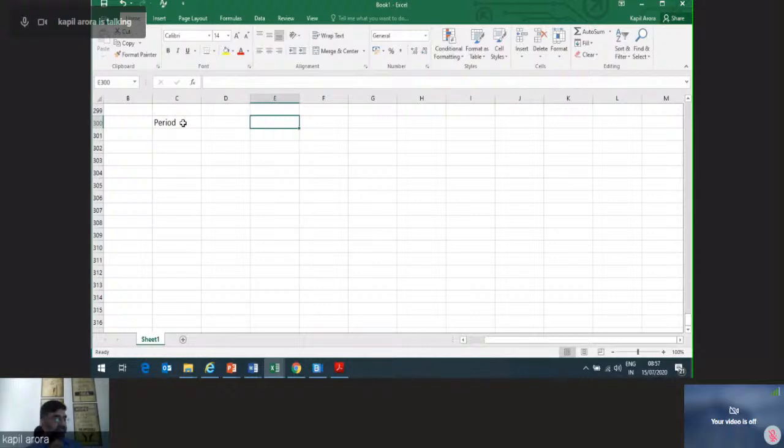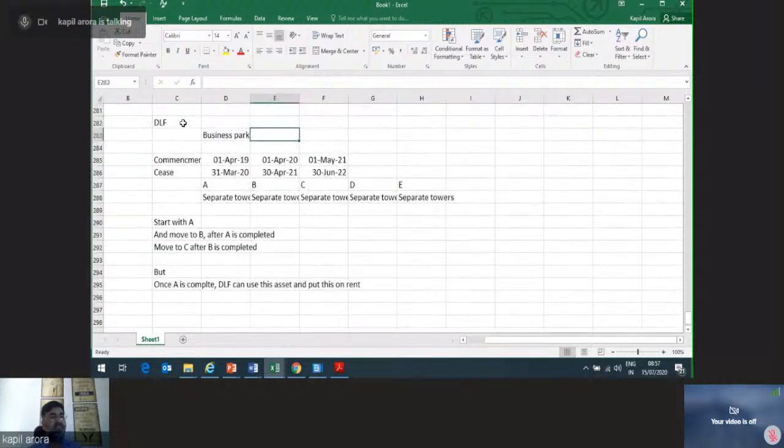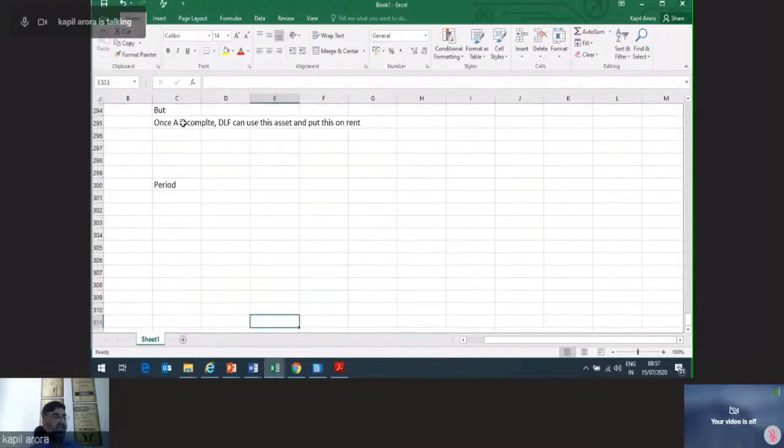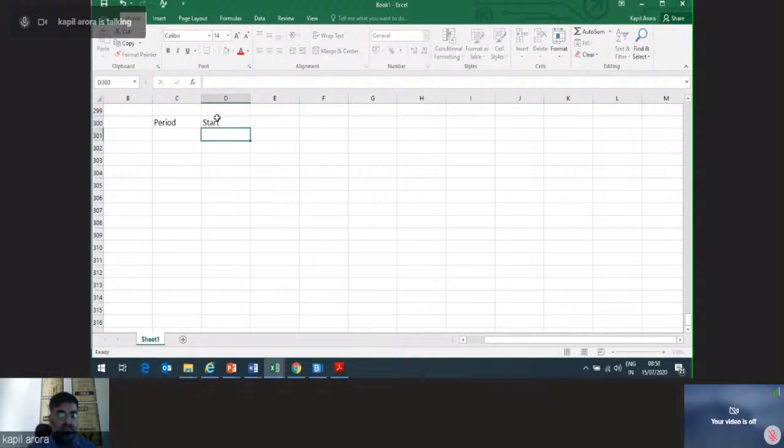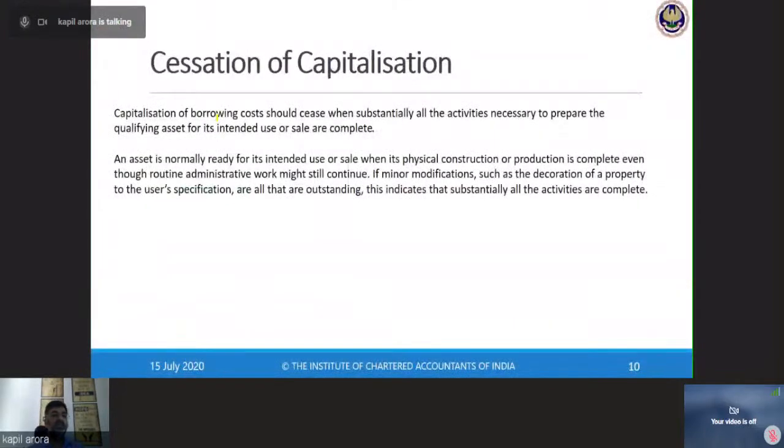The period of capitalization of interest cost, which will be added in the value of the asset, right? So we are clear with the start and stop date, right? So when to start, when to stop, are we clear with the concept, right? So this is done.